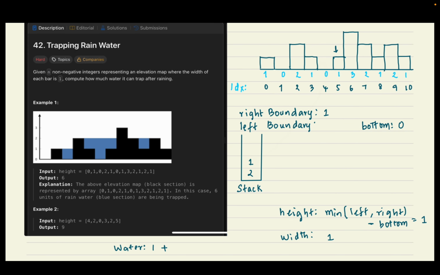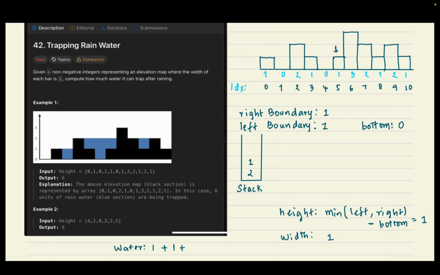As per this formula, the minimum of left and right will be 1, and the bottom is at height 0, so 1 minus 0 will be the height, which is 1. And the width is basically 1 minus 0, which will be 1. So again the water trapped at this particular building is basically 1 unit.